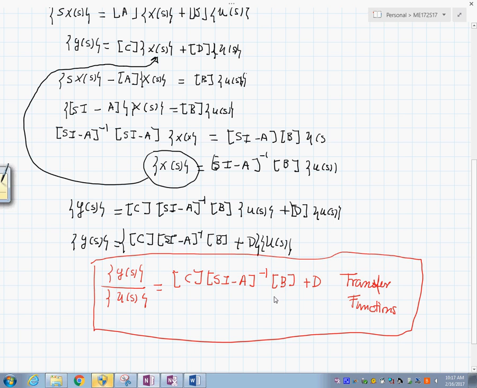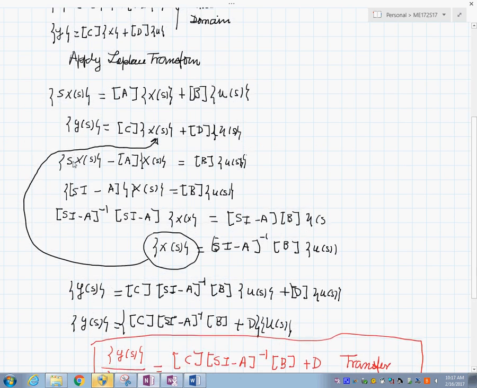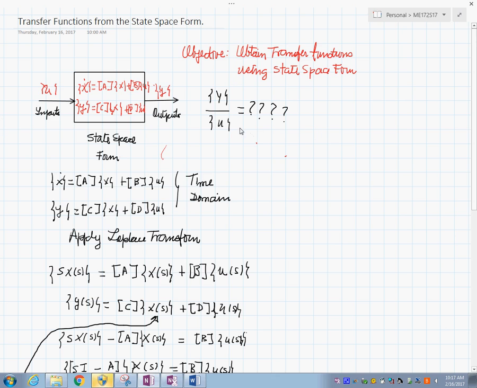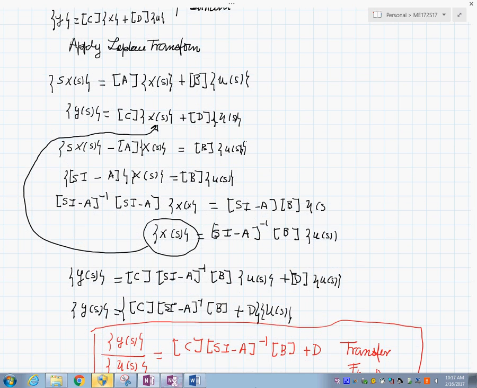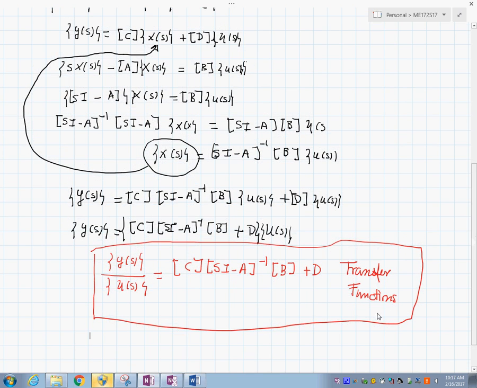So it follows that if you know the state space form, you can actually obtain the transfer function for any system, and that is how we obtain the transfer function, knowing the matrices A, B, C, and D, which is what state space form is. The next class or video we will see an example of this.